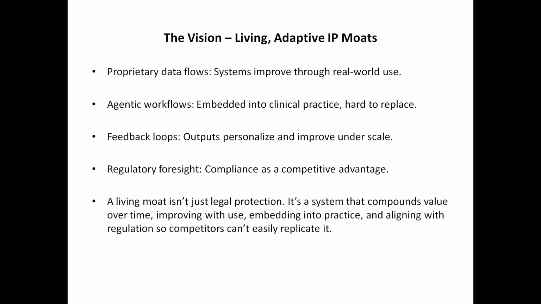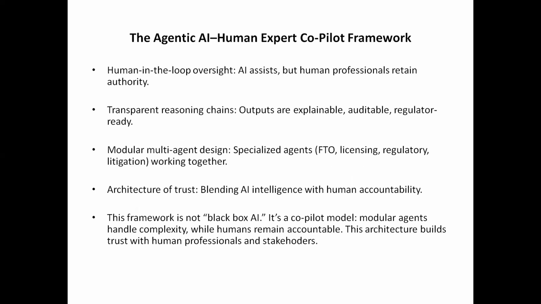That means proprietary data flows, agentic workflows, feedback loops, and regulatory foresight, all implemented as a whole framework. What I focus on is the agentic AI and human expert co-pilot framework: human-in-the-loop oversight, transparent reasoning chains, and modular multi-agent design. So, architecting trust and many other things.